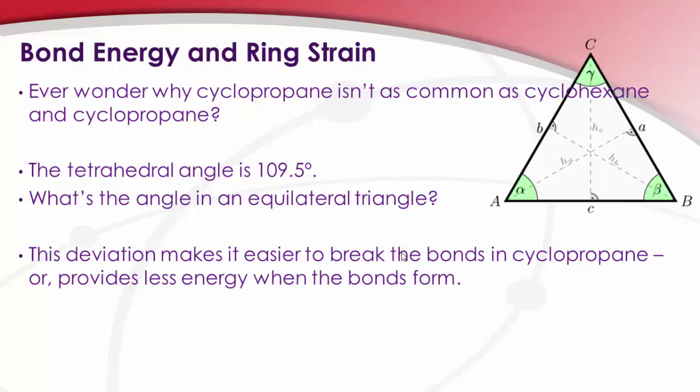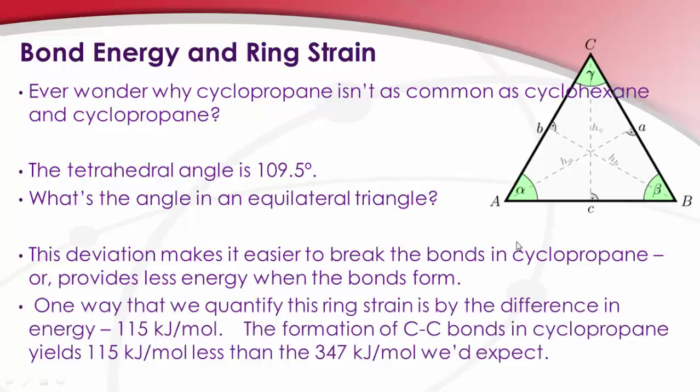Or, when the bonds form, it provides less energy back to us. What's the net result of this? Cyclopropane is more reactive, and it's also explosive because it provides lots more energy than you would expect from a simple hydrocarbon.